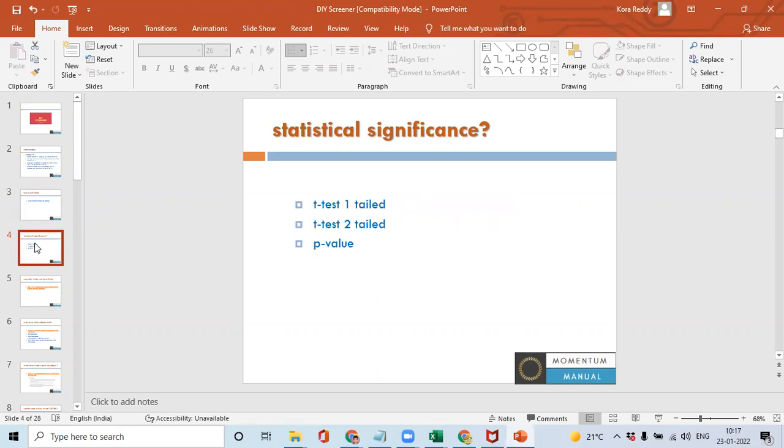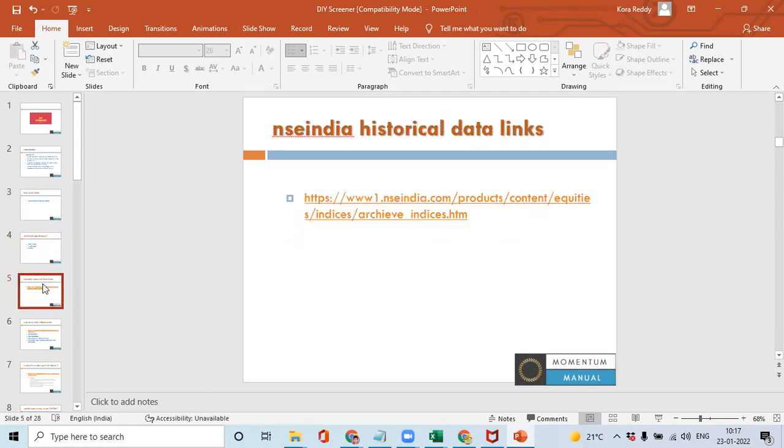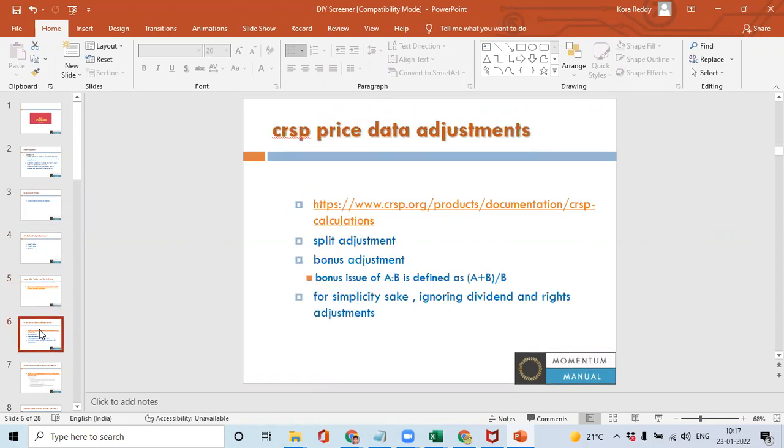I will come back to this a little later. This is what we have seen now, like where we download the data. This is something you need to be aware of. It is called CRSP. What is CRSP?